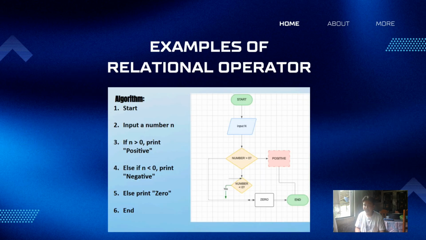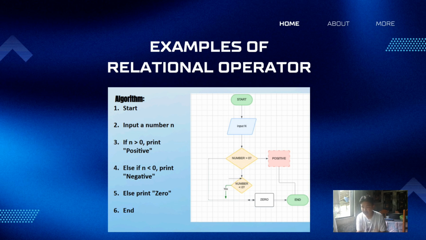Also, here are examples of relational operator. It's just like the same as the linear structures and loop, where the input is 1 to 6.